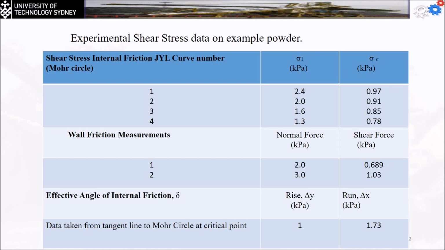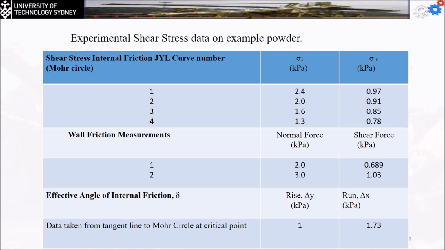Now, this will be useful for us to find the value of the delta wall, because this is the friction between the wall and the material. This one is the internal friction. Now, the angle of the internal friction value delta can be simplified because we have the delta y and the delta x.